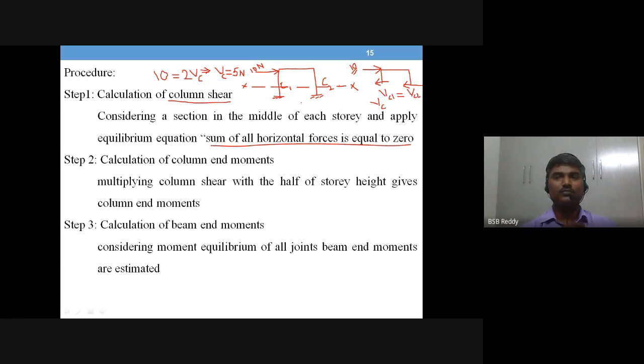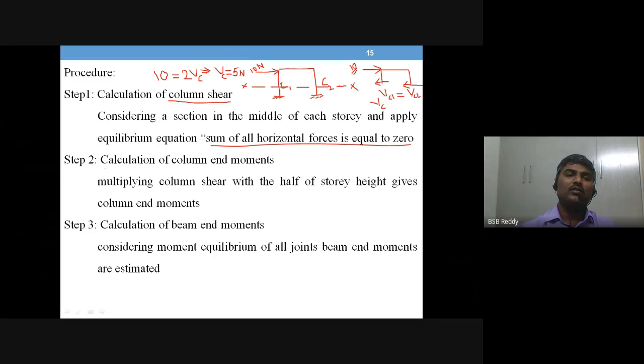So that's why we choose that point for the section passage. So likewise, you have to evaluate all column shears in the entire frame given. That is step 1.